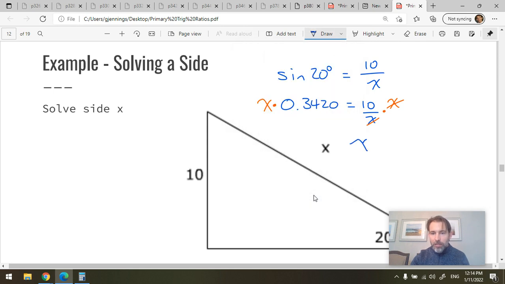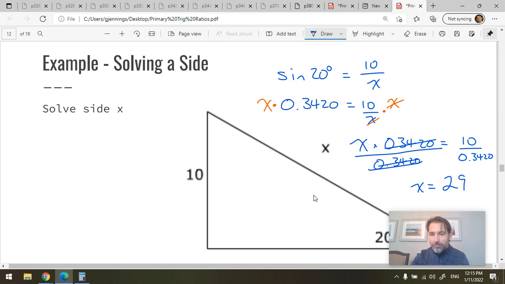X times 0.3420 is equal to 10. Divide both sides by this number, 0.3420, but divide it on both sides. And that will isolate this side. This cancels that, right? These two things cancel. And that gives me x is equal to 10 divided by that, which we found was about 29.